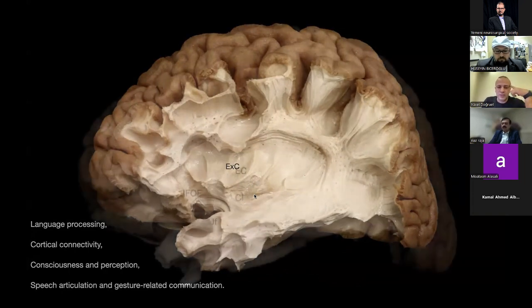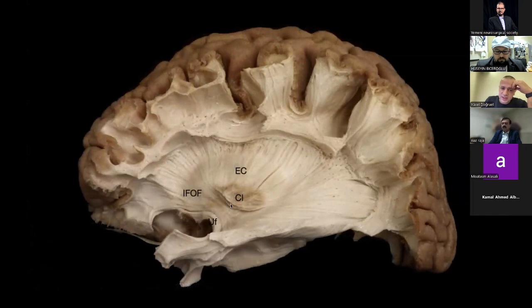When we go deeper, here is the gray matter, the claustrum, and superior to it, its connection with the cortex, the external capsule. Also, deep in the insula, there is another white matter tract which connects the frontal and occipital lobes, called the inferior fronto-occipital fascicle. And there is the uncinate fascicle, anterior to the insular cortex.